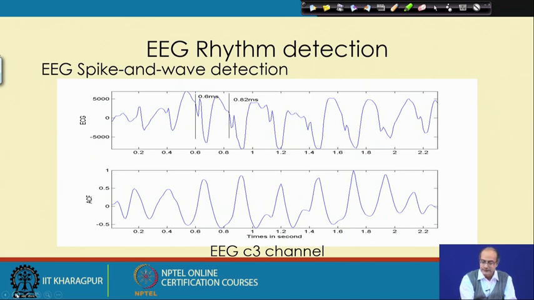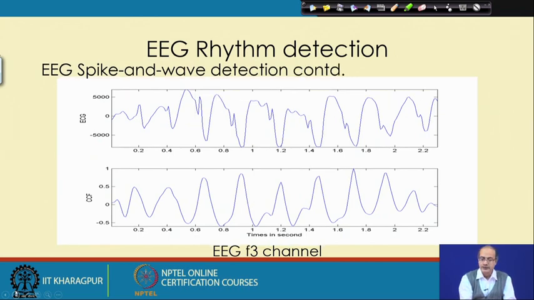Now, we go for another channel, that is the F3 channel, and there also we see a similar kind of pattern of spike and wave, but as we are not experts, we are not sure whether we can call it that spike and wave is present or not.